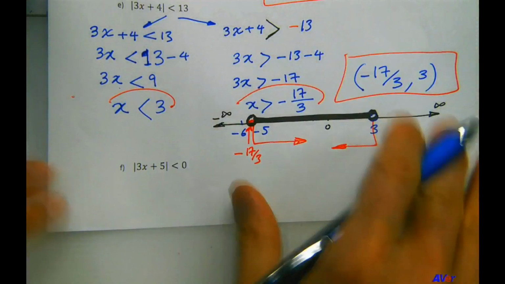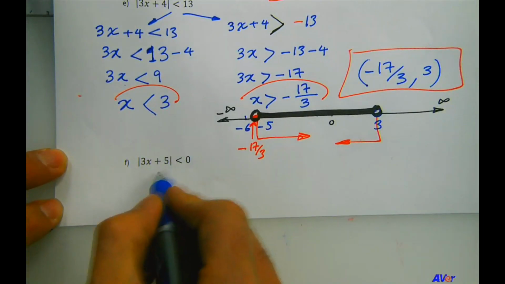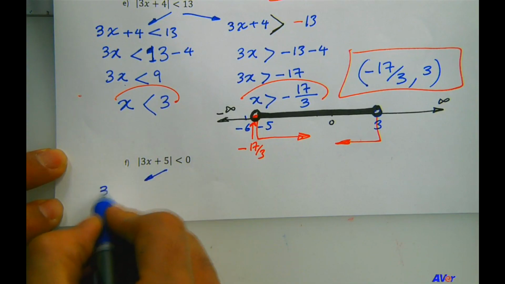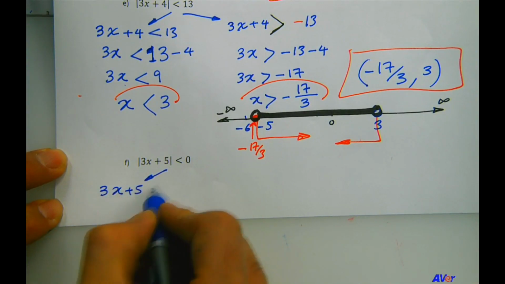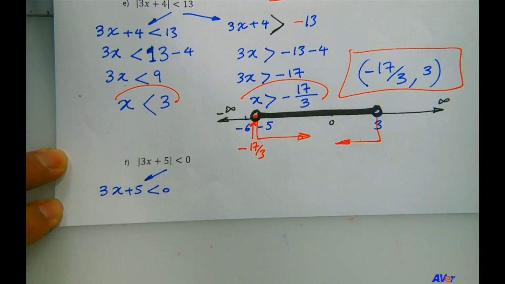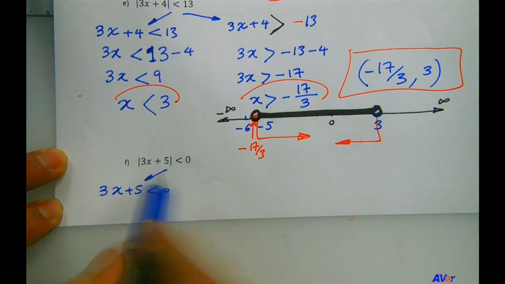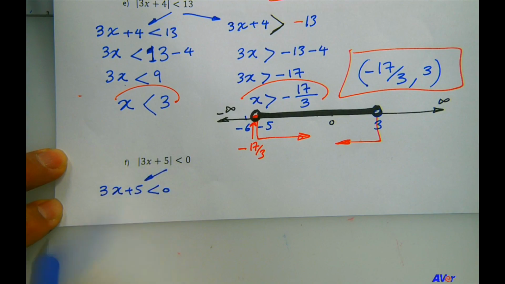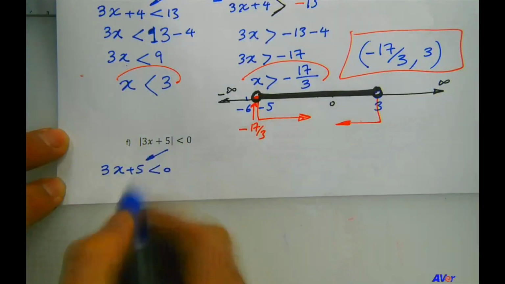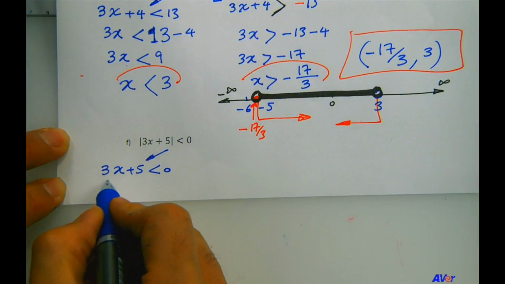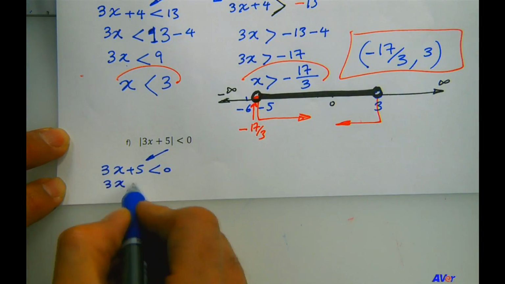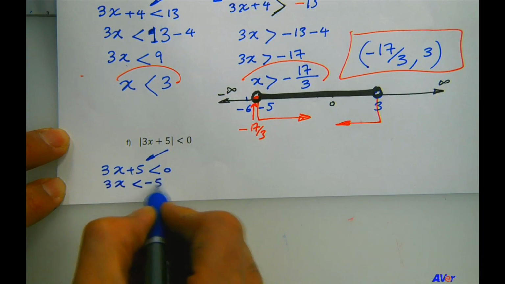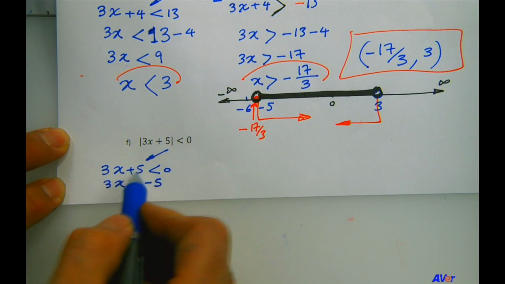Okay, so this one, the same thing. Let's split this into two solution paths. One of them is 3x plus 5 less than 0, right? Exactly as that is, without the absolute value bars. Everything removed. Then, if we solve using this path, what do we get? We get 3x less than negative 5, right? I moved the positive 5 to the other side.